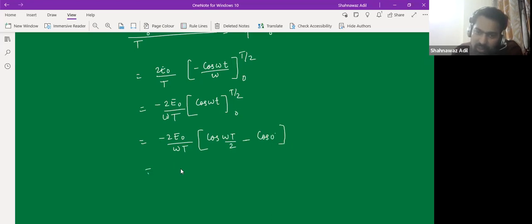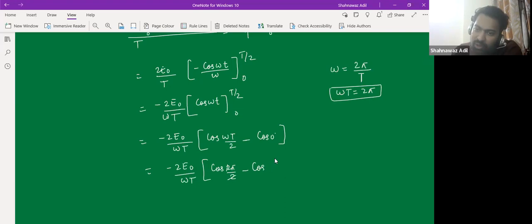So what would this be? Omega t, you guys already know. What was omega t? Remember, omega was the full angle divided by the time. So omega t is 2 pi, so omega t at T by 2 is 2 pi by 2, so this cancels, minus cos 0.